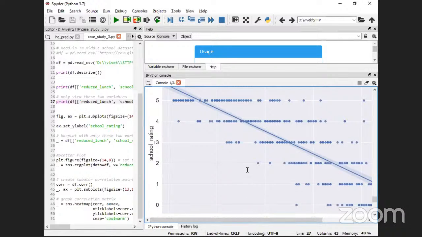But whenever there is an increase in reduced lunch, you can see a wide spread of rating. So these are the inferences you can make, and statistically you can prove this.